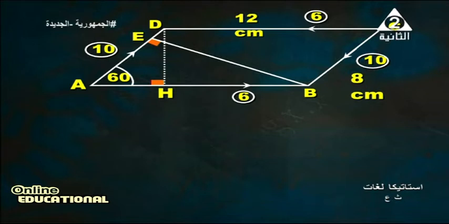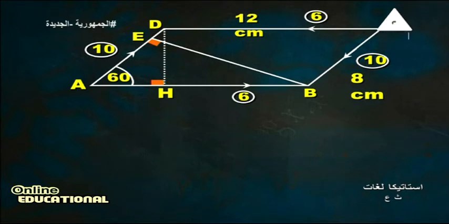The moment of the couple: we have two couples. 10 and 10 form a couple whose direction is clockwise, with negative sign: negative 10 times BE. But 6 and 6 form a couple with positive direction, so the moment of the couple is 6 times DH.